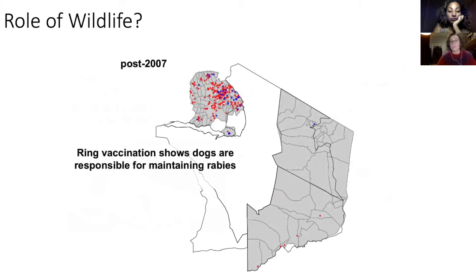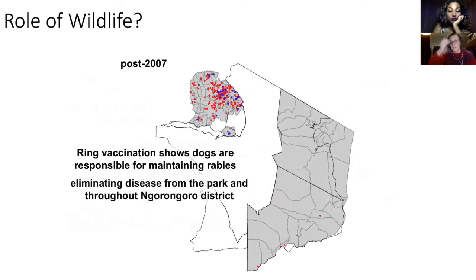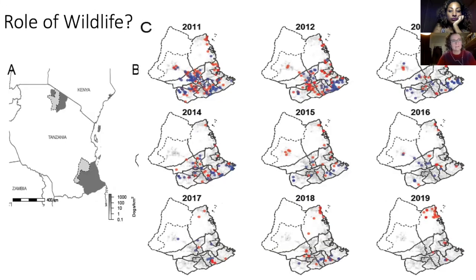So that really highlighted to us how important the role of dogs is in transmitting the disease generally and potentially sparking wildlife outbreaks. Kennedy, one of my students, has done a lot of contact tracing in the south of Tanzania, and here he saw quite a few more jackal cases than we'd expected based on our experience from northern Tanzania.